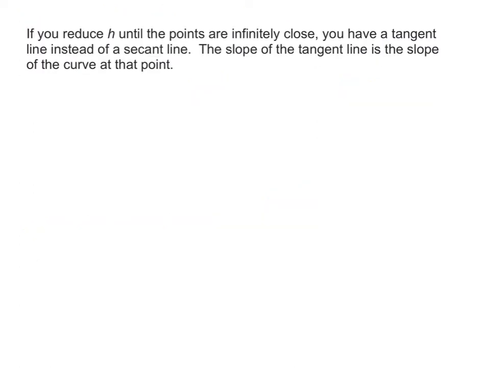If you reduce h until the points are infinitely close, you have a tangent line instead of a secant line. The slope of a tangent line is the slope of the curve at that point. This underlined part of the definition, reduce h until the points are infinitely close, can be reworded in the following way. h approaches 0.